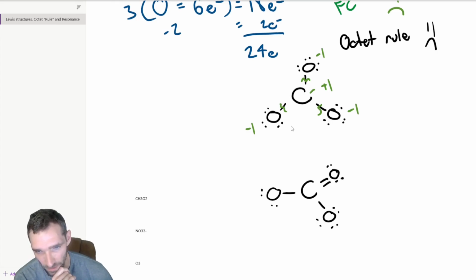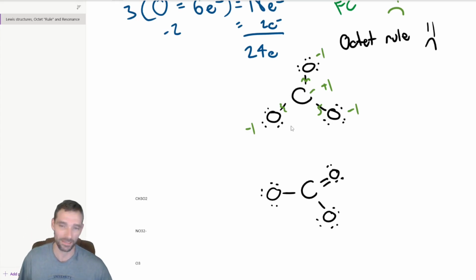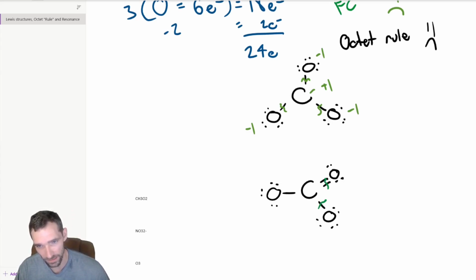In terms of our rule sets, but it doesn't necessarily give the complete picture, because we can look at this and say, okay, well, the formal charge on this one is going to be a -1, and this one a -1. This one is going to have access to 6 electrons. It normally has access to 6, so its formal charge is 0, and this guy's formal charge is 0.